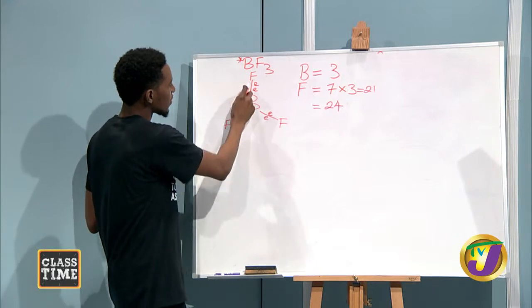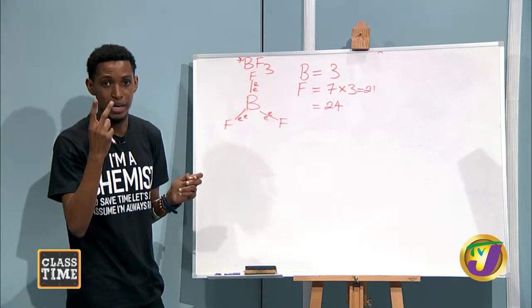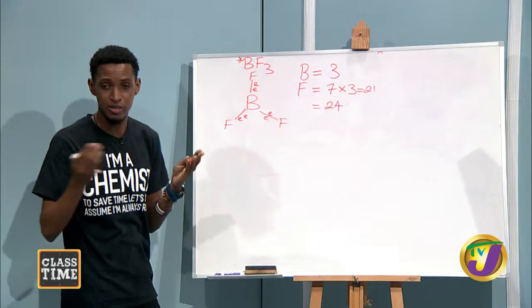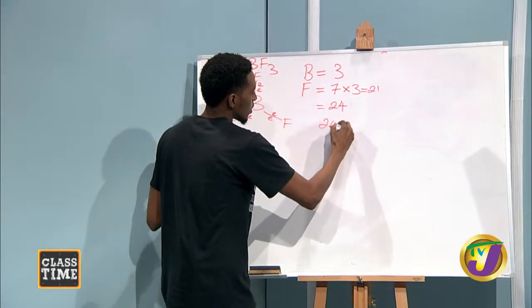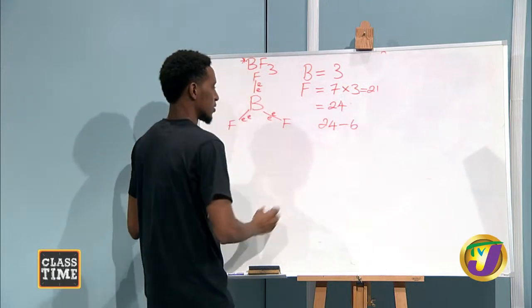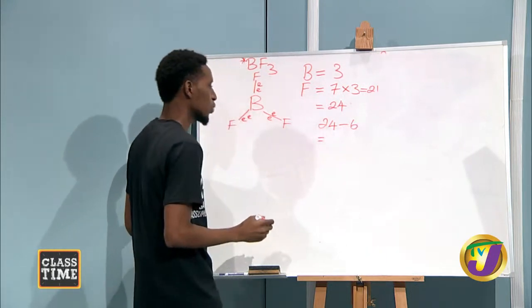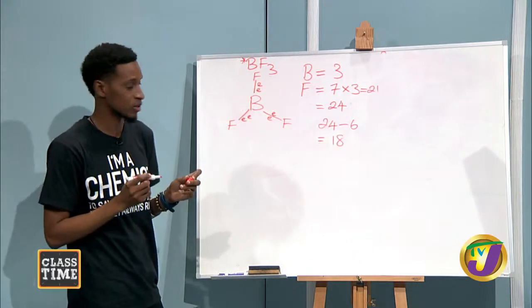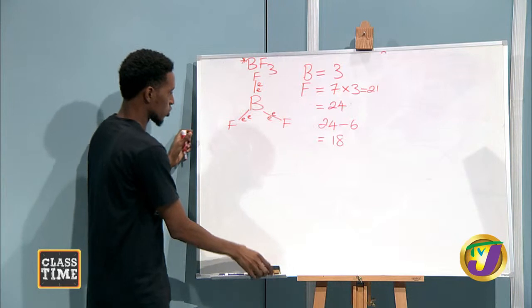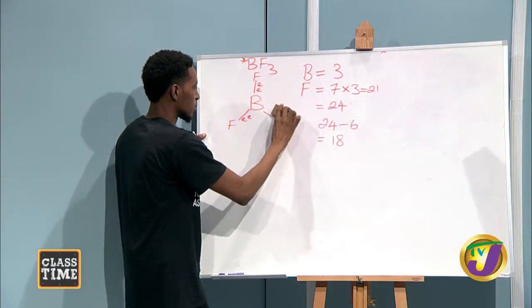So since each of these bonds have 2 electrons, that's a total of 6 electrons. So what I have to do here is to minus 6 from the 24, and I'll end up with 18 electrons. So now, let me just rub out this to prevent confusion.